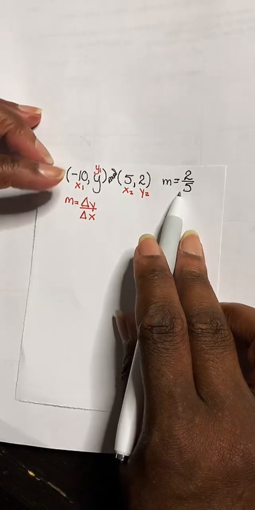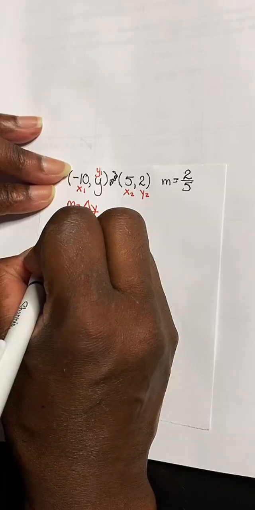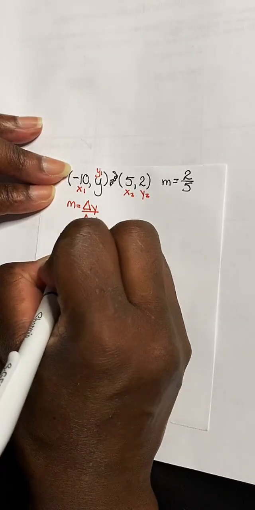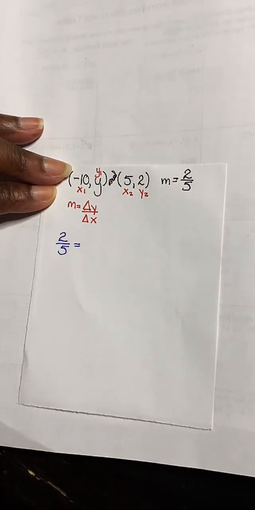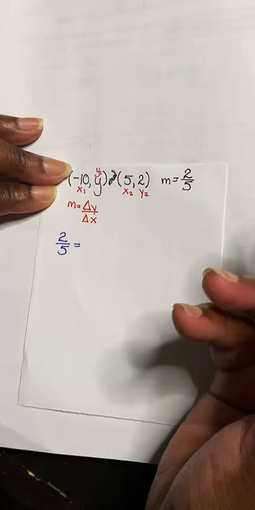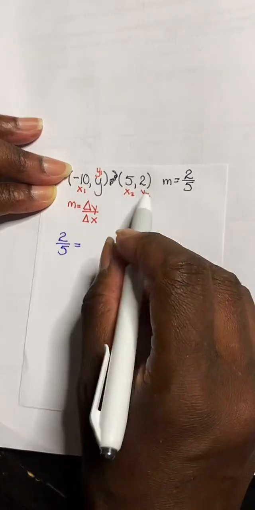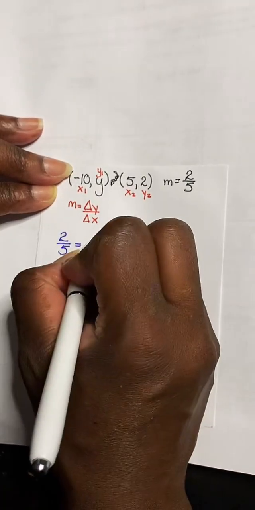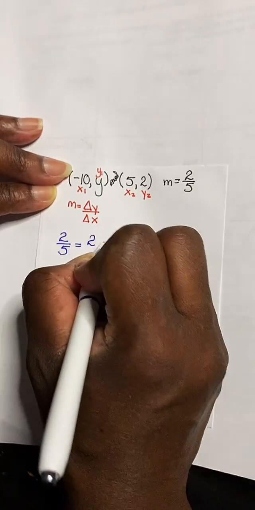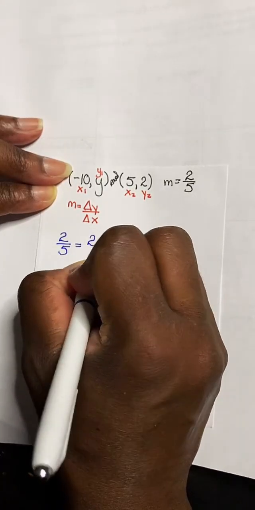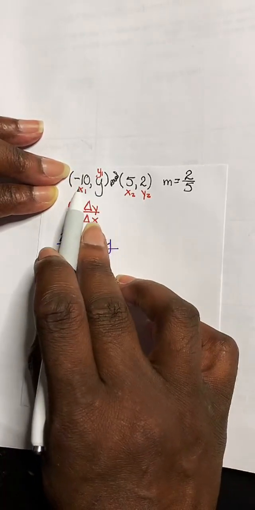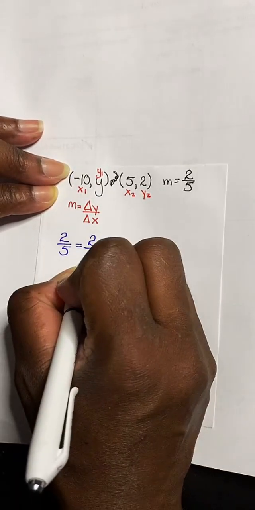So, for my slope, I'm going to have my 2/5 equals. Now, the change of my y's, if you want, you can do the traditional, which is going to be 2 minus y over 5 minus -10.